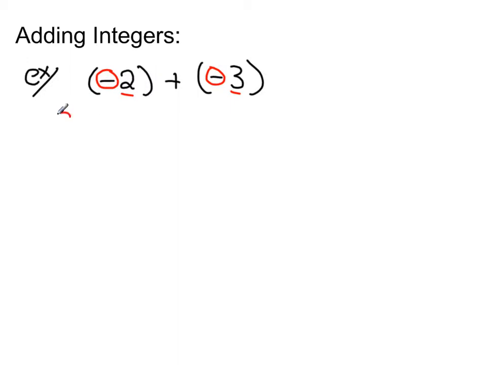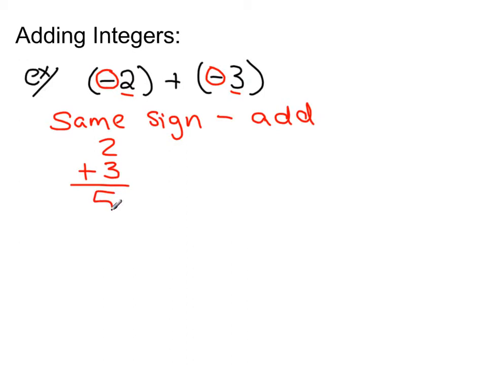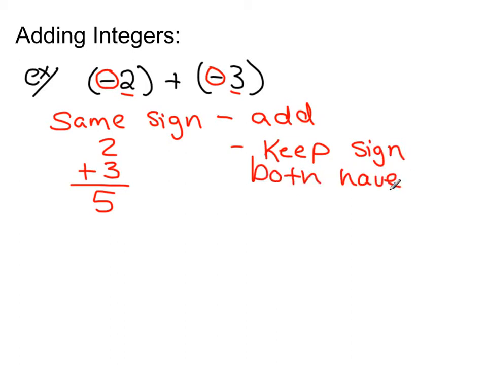So, -2 plus -3, we have the same sign, so we do 2 plus 3 is 5. And now we keep the sign that they both have, which is negative, so our answer is -5.